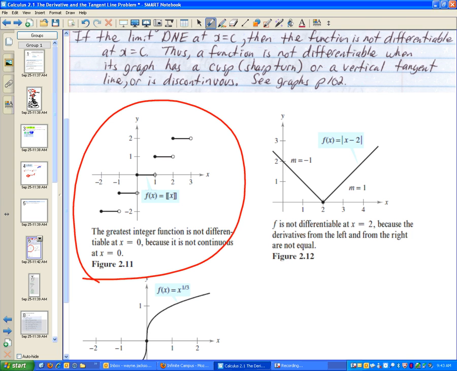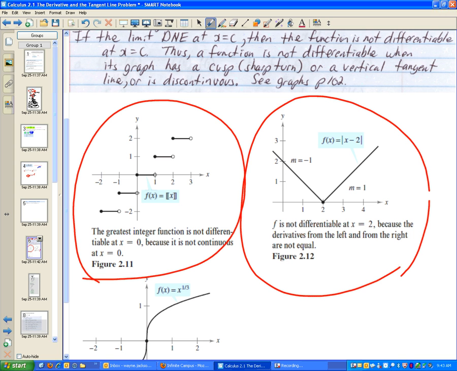The limit from the left wouldn't equal the limit from the right. Okay? If you have an absolute value function, this right there at 2 would qualify as a cusp. There's a lot of different tangent lines I can draw through there. So the limit there would not exist. Okay? Look at it this way even.